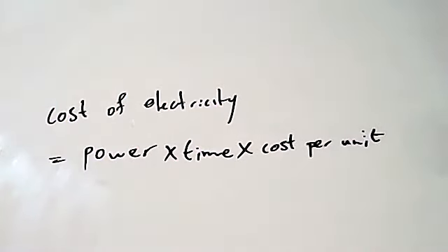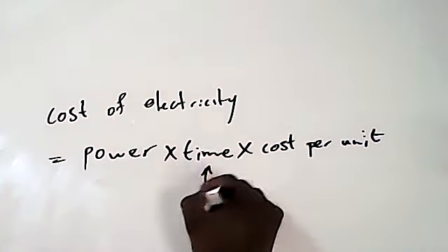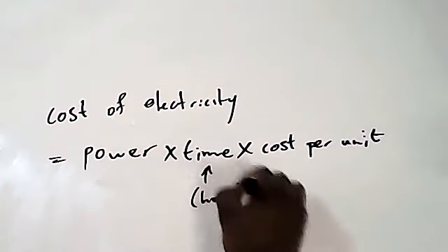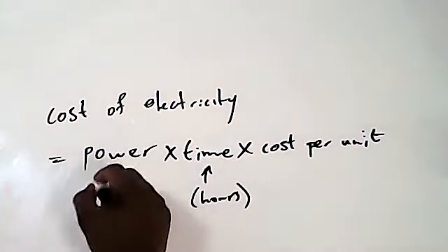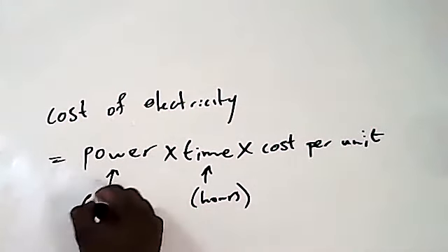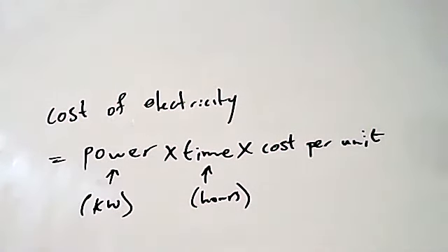What you must know is that here time is in hours, it's no longer seconds. And the power we want in kilowatts, not in watts. Kilo just means 1,000. So if they give you watts and you want to convert to kilowatts, you simply divide by 1,000.